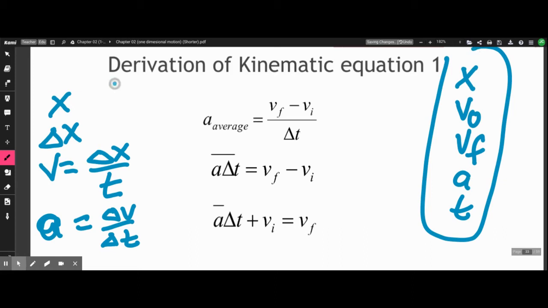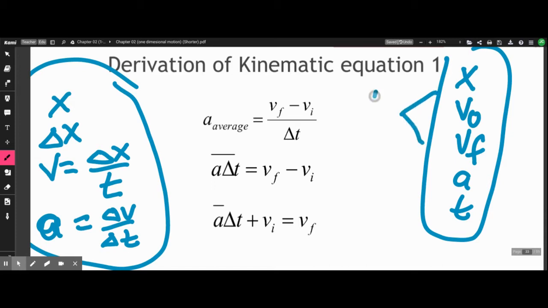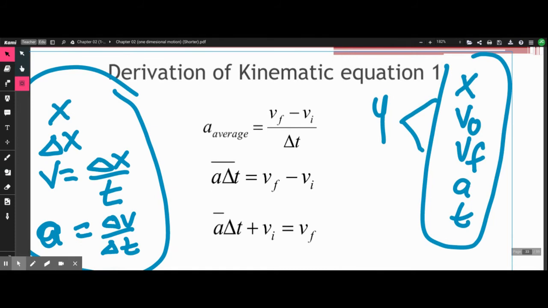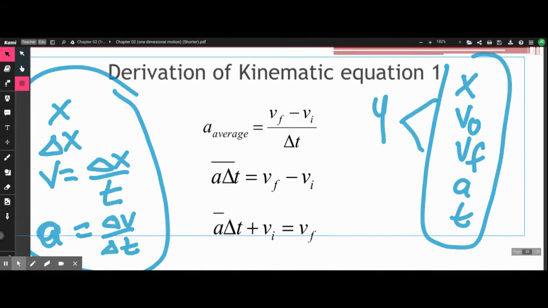And so using the equations on the left of the screen and some basic principles of algebra, we are able to come up with 3 unifying equations that connect together 4 of these pieces of data. Here we go. The first kinematic piece of data that we have is on the screen here.